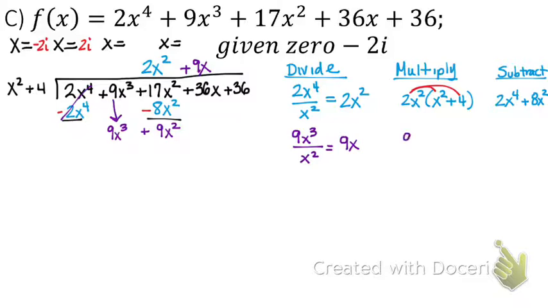Then you're going to take that 9x and multiply it by x squared plus 4. Go ahead and distribute that. So 9x times x squared is 9x cubed. 9x times 4 is 36x.